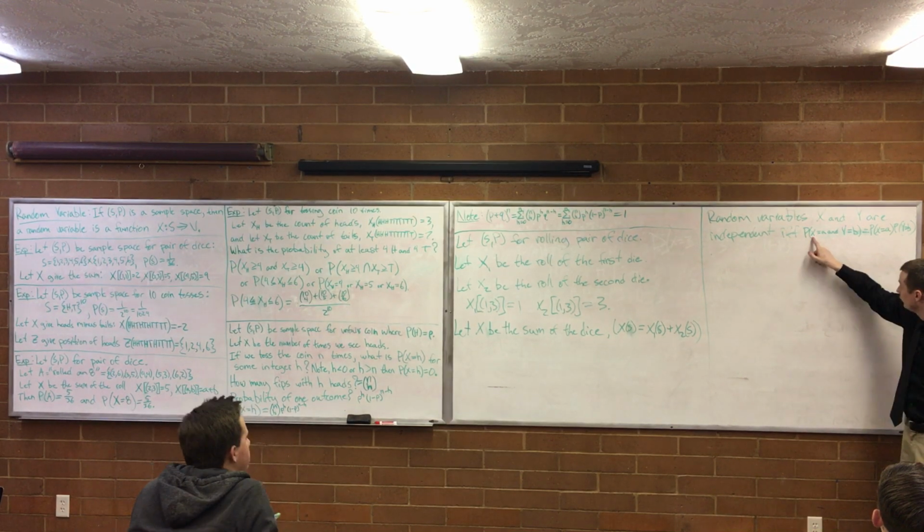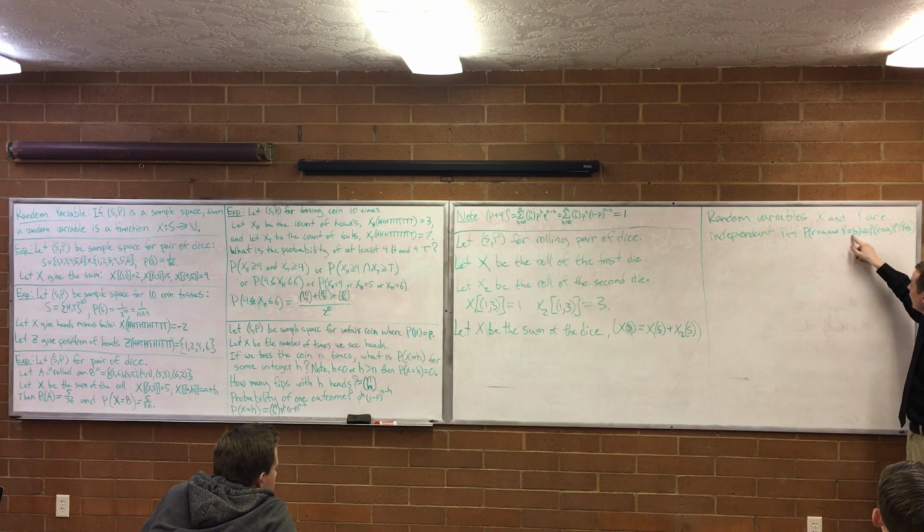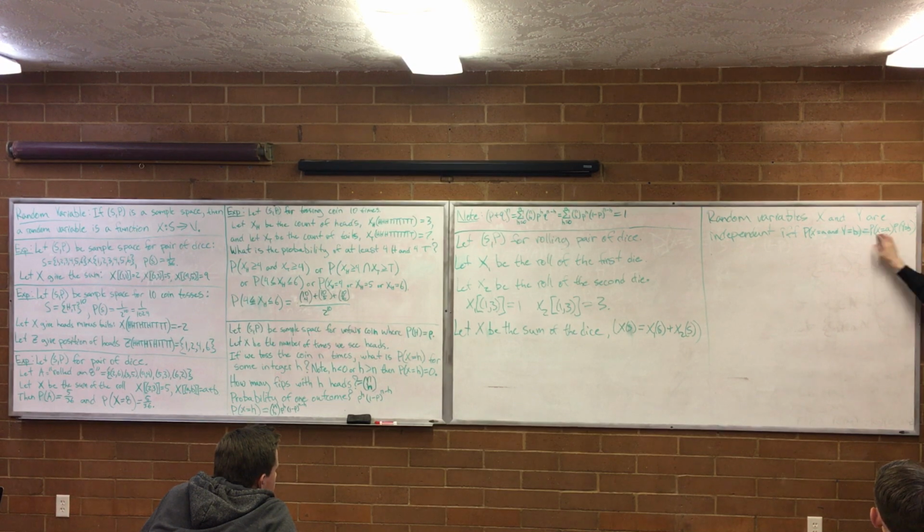If the probability of X being A and Y being B is equal to the probability of X being A times the probability of Y being B, then the two random variables are independent.